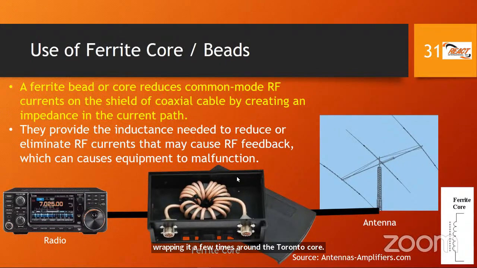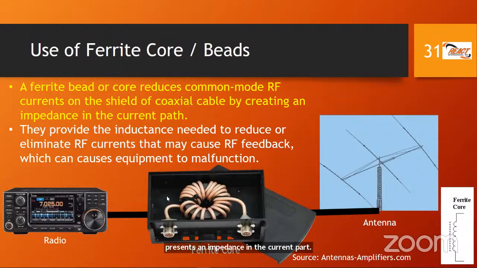This toroidal core will reduce the common mode current that can exist along this transmission line. But how does it do it? It creates an impedance in the current path. So just by wrapping your coaxial cable a few times around this ferrite core, you reduce that common mode RF current on the line, because it presents an impedance in the current path. That's an exam question and you need to learn this.